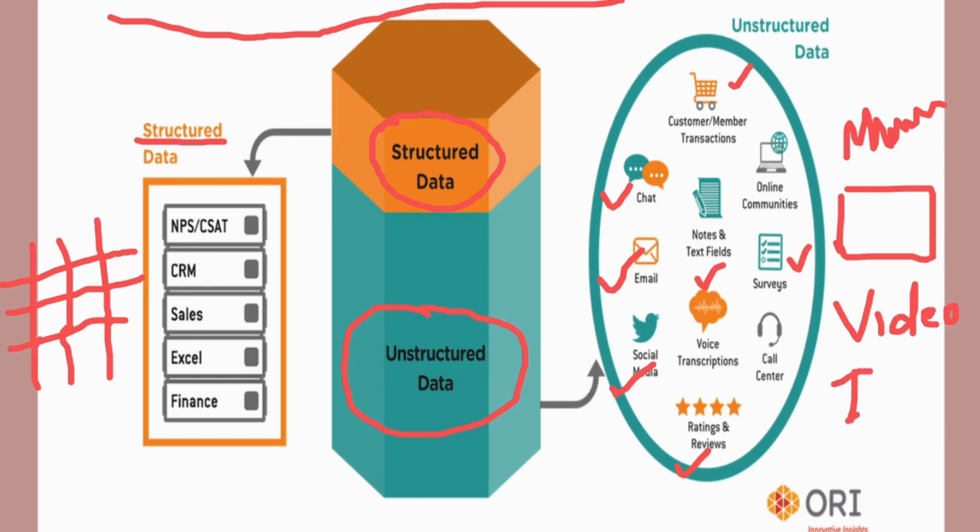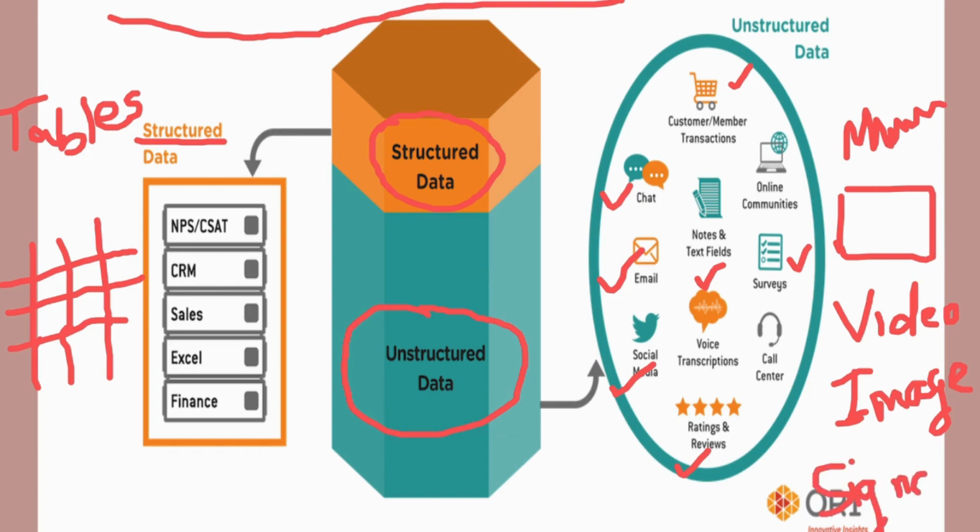So these are known as unstructured data. Whenever you see tables, you should say that the data is structured, and whenever you see audio, video or non-tabular data, then you should identify that as unstructured.